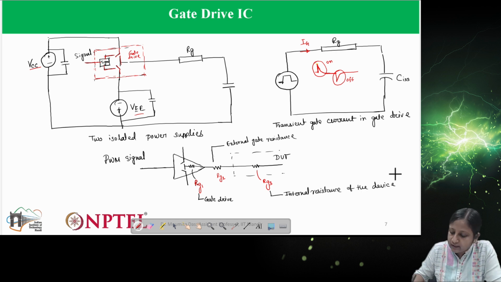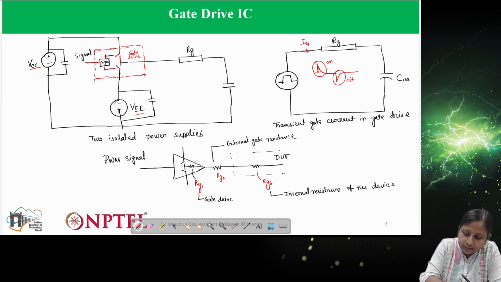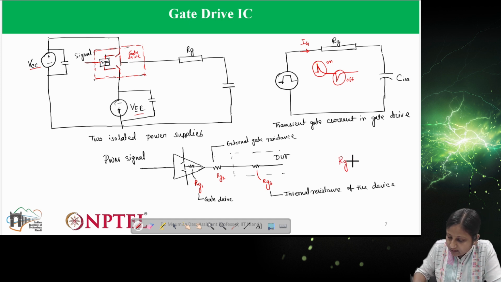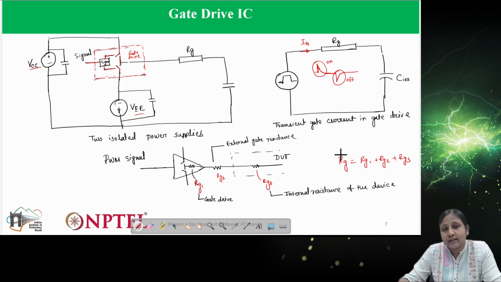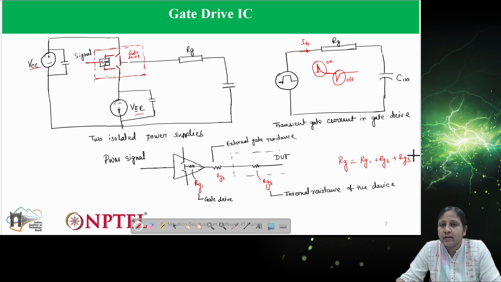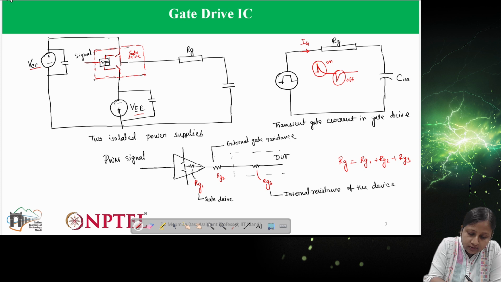So you can see here, Rg is basically equal to Rg1 plus Rg2 plus Rg3, and this is known as gate resistance. When we connect any resistance externally, we say that is external gate resistance, but it comes under gate resistance, and this is something we represent in all the diagrams as Rg. So I can write down, this is the gate resistance.